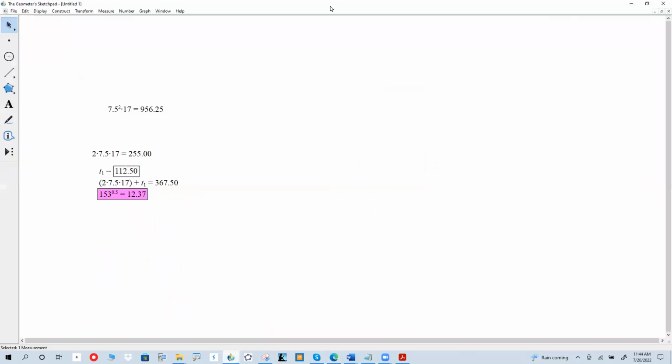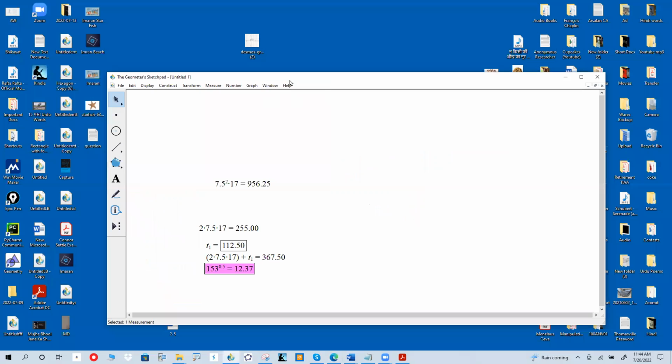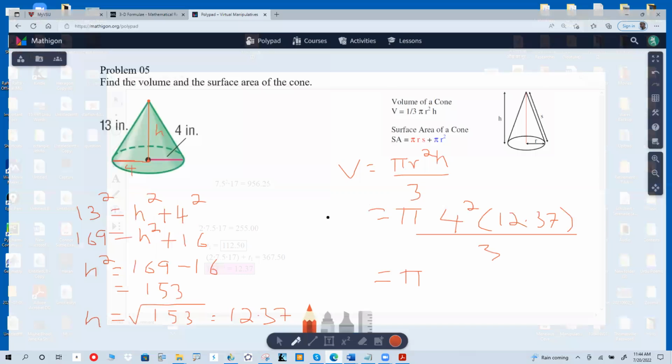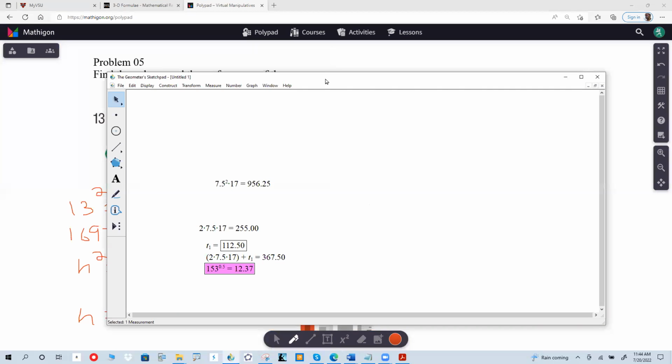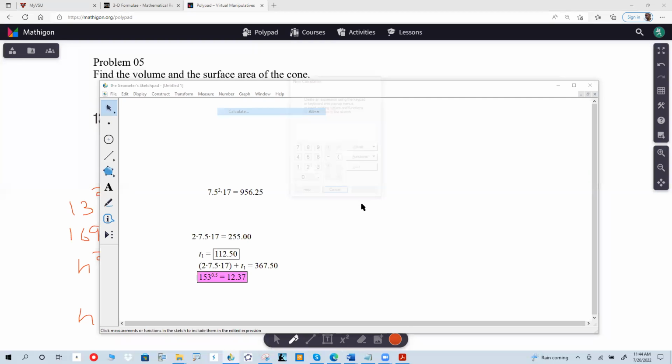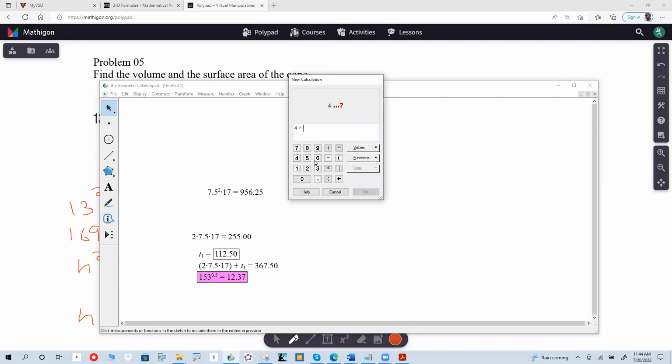And let's go back and see what we can do. So 4 squared, 12.37, divided by 3.